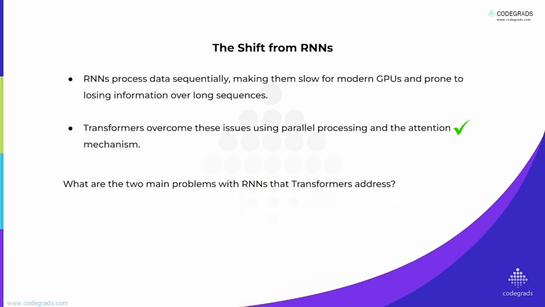In RNNs, long-term memory is weak, as discussed, because there was a lot of information loss, whereas transformers can handle long-term dependencies. RNNs have a sequential structure, while transformers are non-sequential with attention. Transformers replaced RNNs for most modern NLP tasks, like ChatGPT, BERT, or T5. So this is the most important point you can consider.